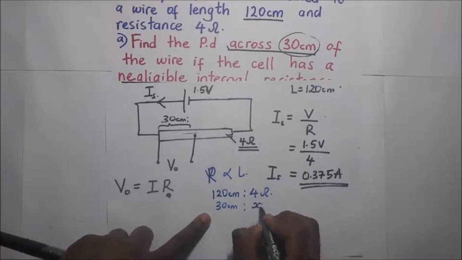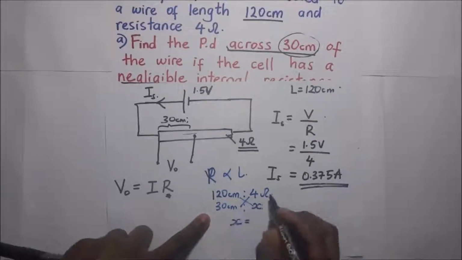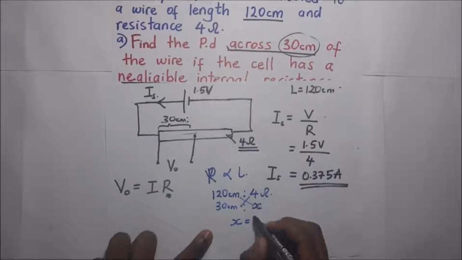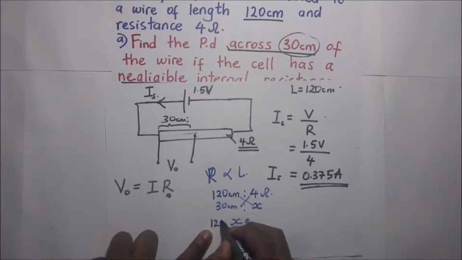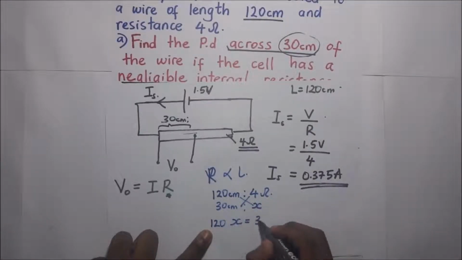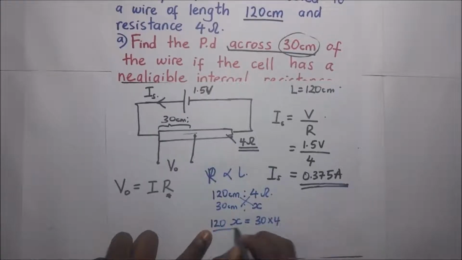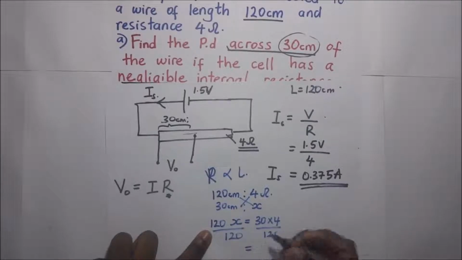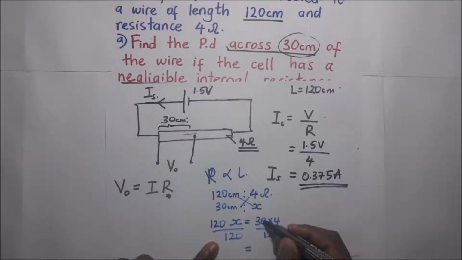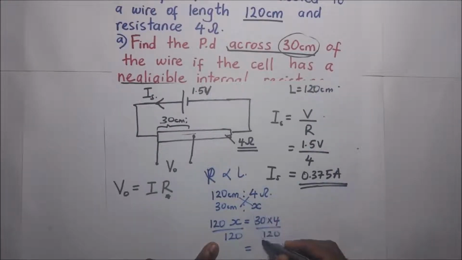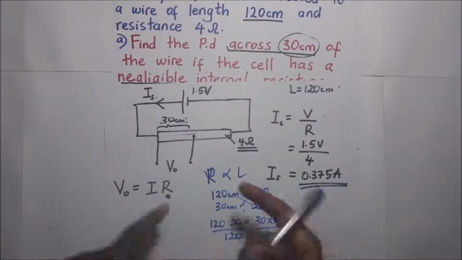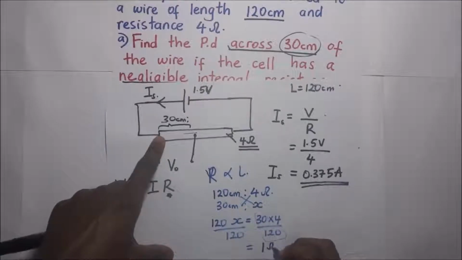Let's call it X, and we find the value of X. When we cross multiply, X times 120 equals 30 times 4. Divide by 120, and we end up with 30 over 120, which is the fraction of the wire times the total resistance. We find that this portion of the wire is just 1 ohm.